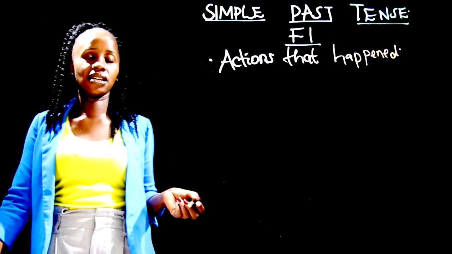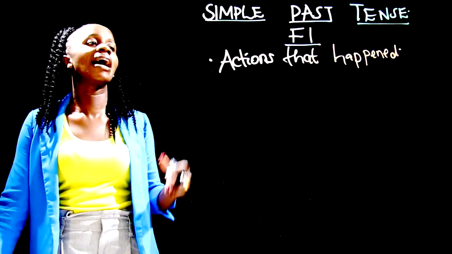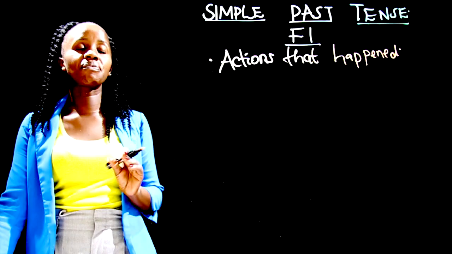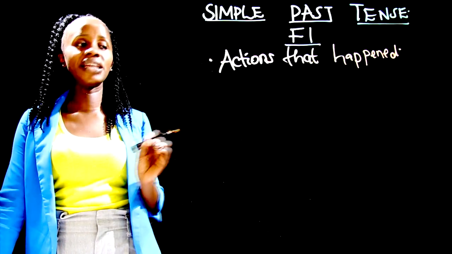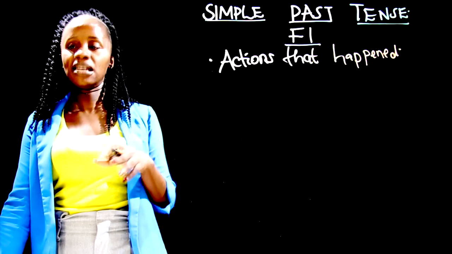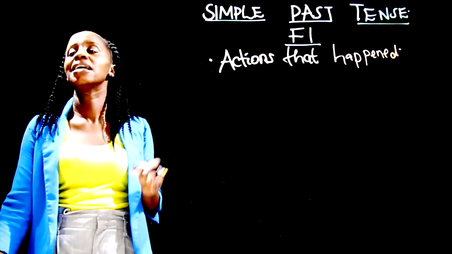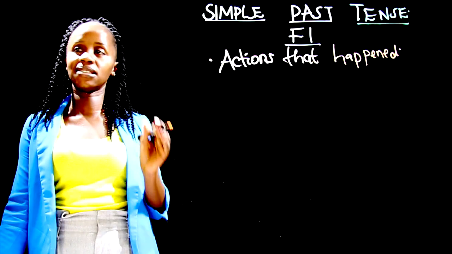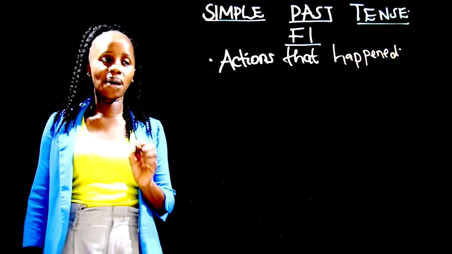So, simple past tense talks about actions that happened, something that had already happened. That is why we say the word past. It is no longer in our present, neither is it in our future, but it is in the past.